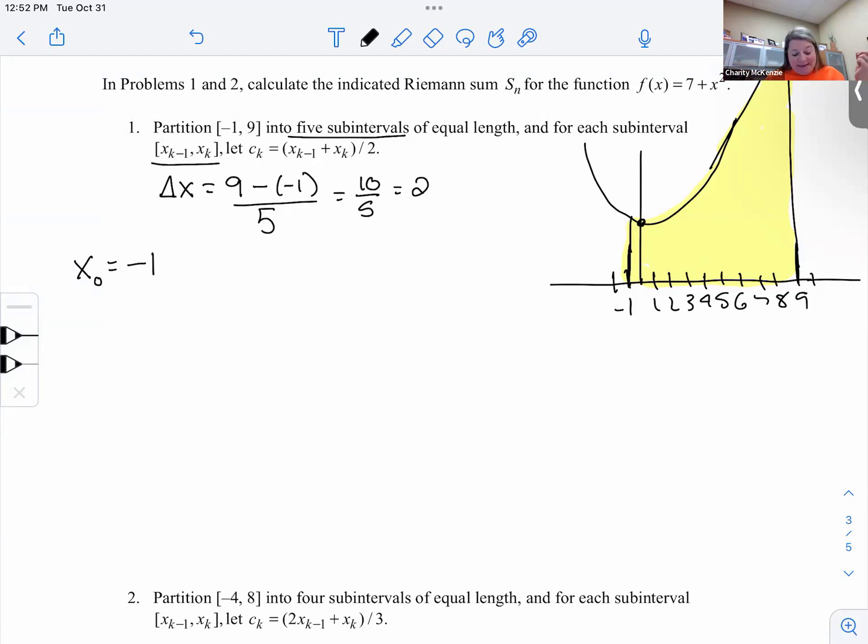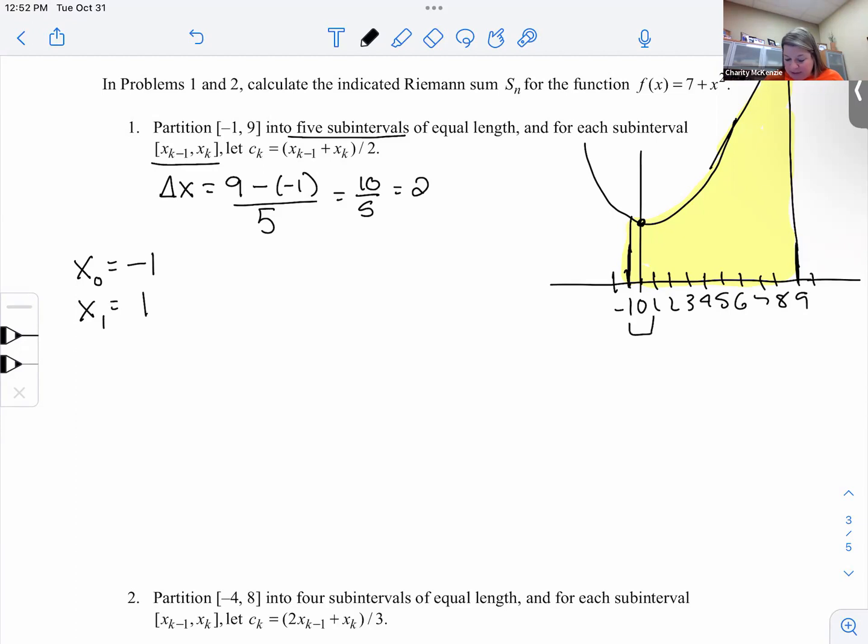If I'm counting by 2s, what would be the next number? That should be a 1. Because we're going up by 2s, the next number is 1, because this is 0 right here. So you go by 2s from -1 to 1, that's the first group.